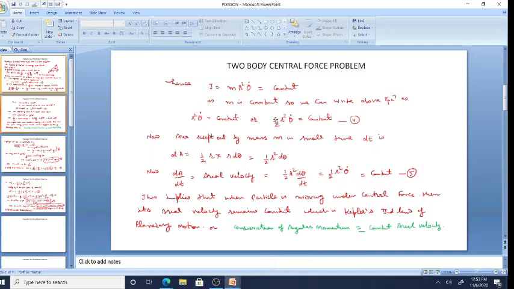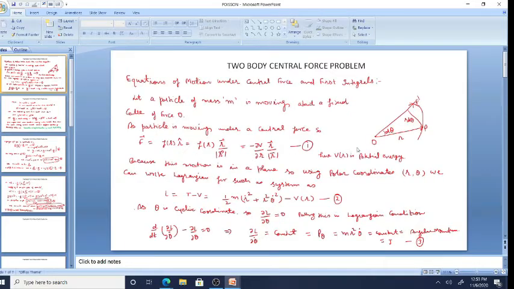Now this quantity 1 by 2 r square theta dot, we can understand if we see the area swept out by the mass m in a small time dt, then it will be equal to 1 by 2 r into r d theta.